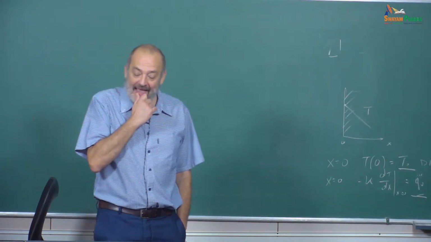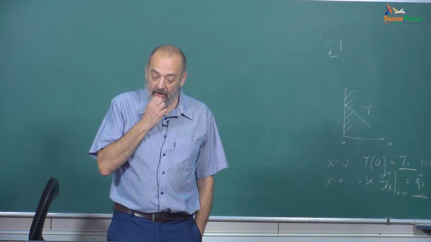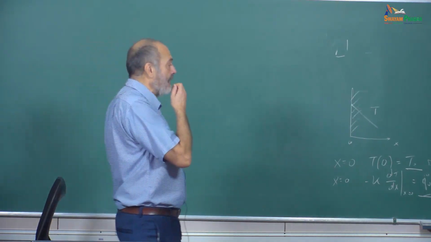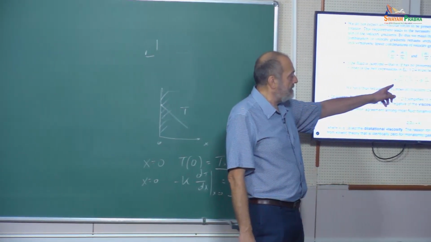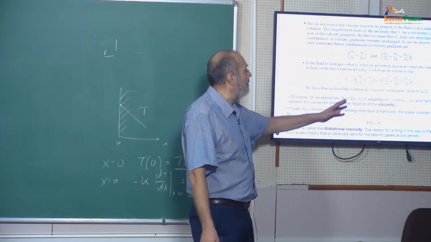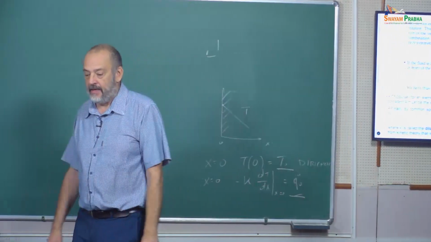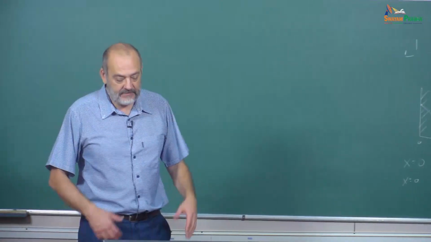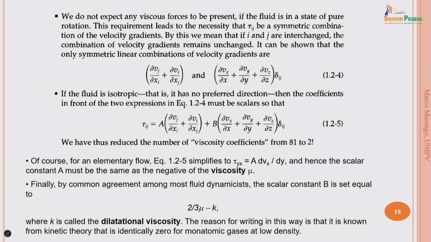So at the end, when the fluid is isotropic, all the components are reduced, and then we are landing with this quite important expression, which is saying that shear stresses are equal to a value A multiplied by dvj dxi plus dvi dxj, plus B multiplied by the divergence of the velocity, and multiplied by delta ij. So we reduce the number of viscosity coefficients from 81 to 2, which is a good bargain.